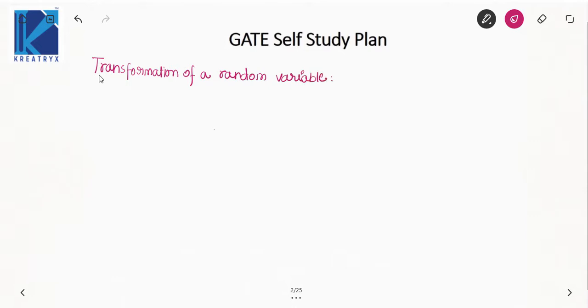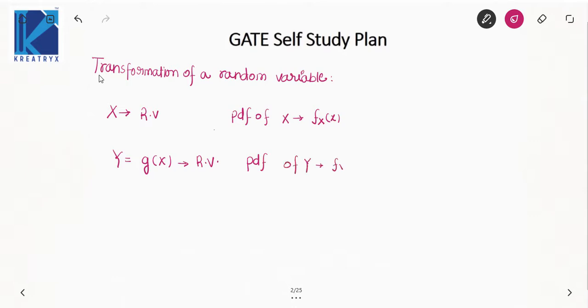So we know that if we have a random variable capital X and the PDF of X is known, that is fx of x. Now we are forming a random variable capital Y as a function of X. Now this will also be a random variable and we are supposed to find out the PDF of Y. Let me denote it as fy of y.